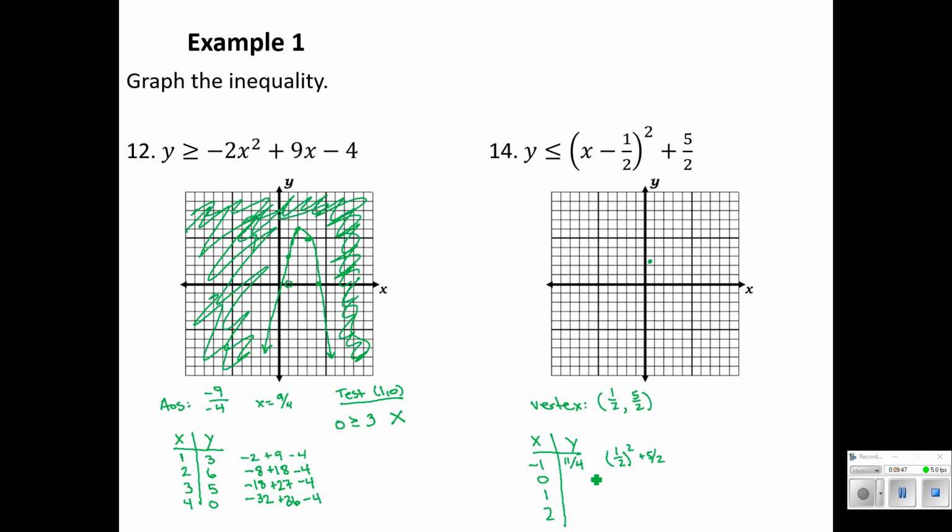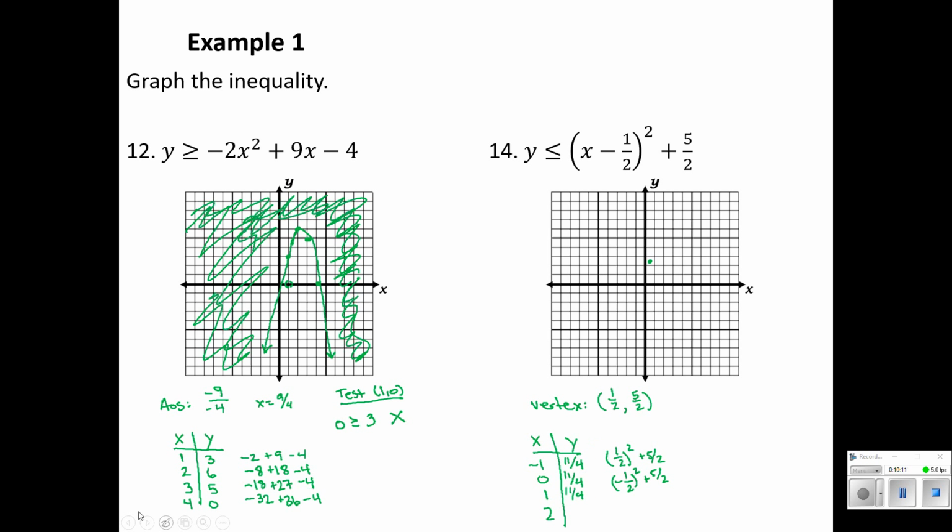If I have an x value of 0, then I get negative 1/2 squared plus 5/2. Oh, hey, it's the same thing. It's going to be 11/4. And, wait a second. Oh, I did that wrong. The math I did was for positive 1, so positive 1 should have an output of 11/4.